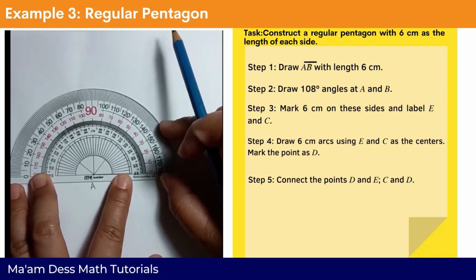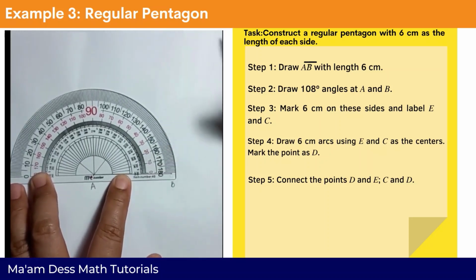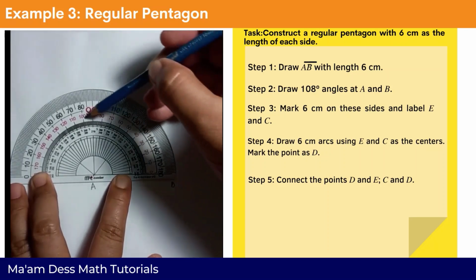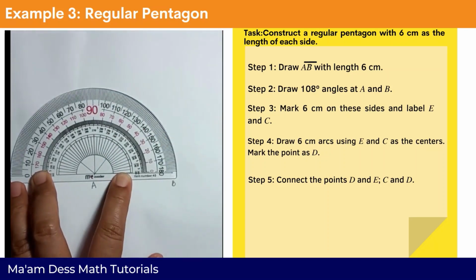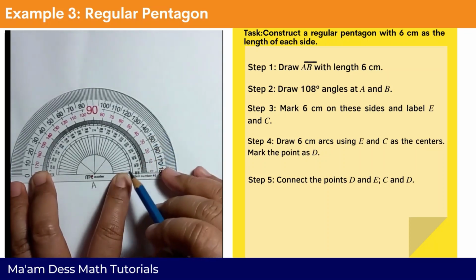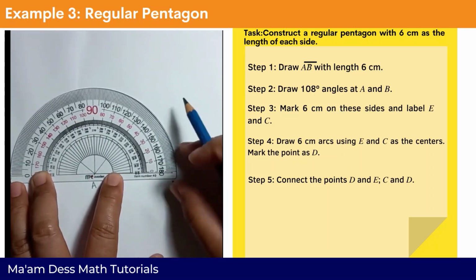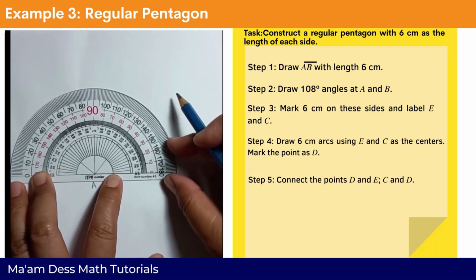So, must be pointing at 0. And then 108. Okay, pointing at 0, the one side of your angle.